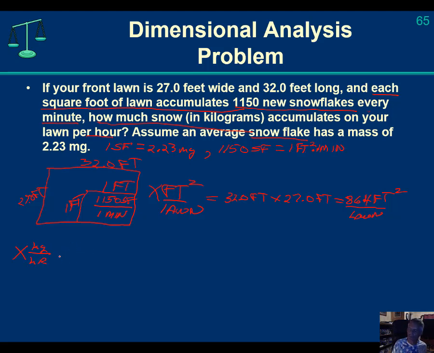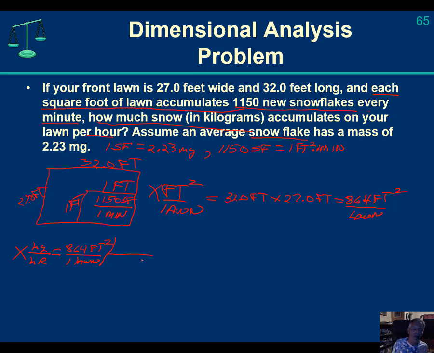All right, here we go. So over here, I'm going to put my 864 feet squared. I could put that over 1, and that's my lawn. So this is just 1 lawn, my lawn. I don't have to. It's not going to matter because that's what we're interested in. This is all about the lawn.